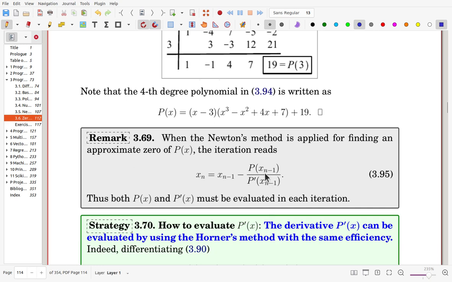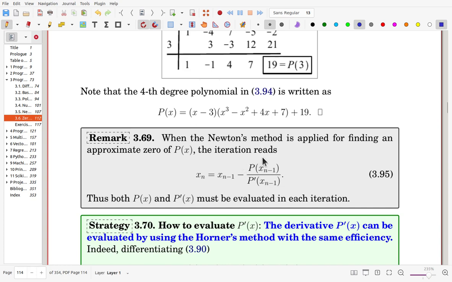P at the last point divided by P prime at the same point must be subtracted from the last point to get the updated point, the iterate, so we have to know how to get this value efficiently.